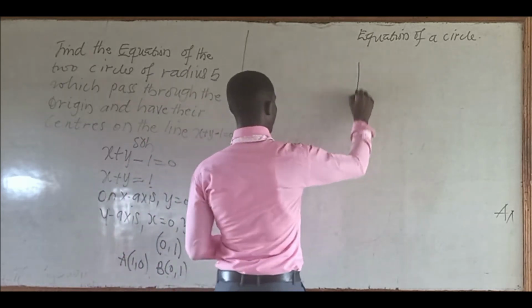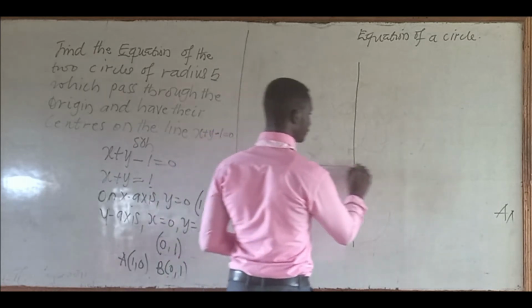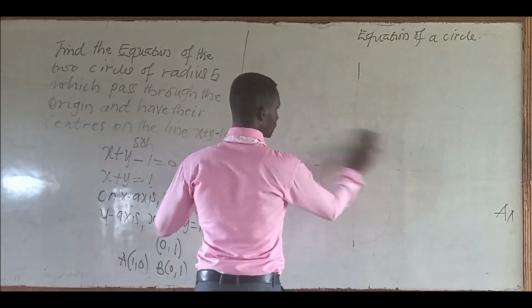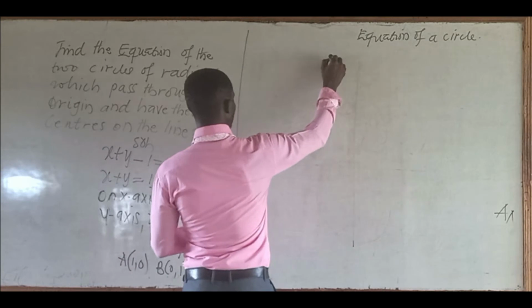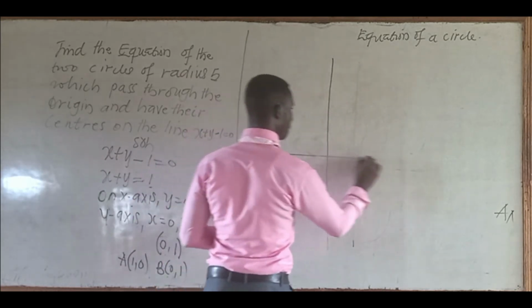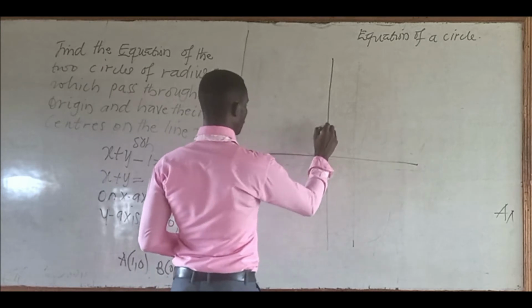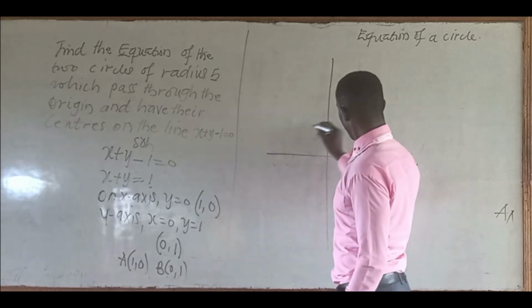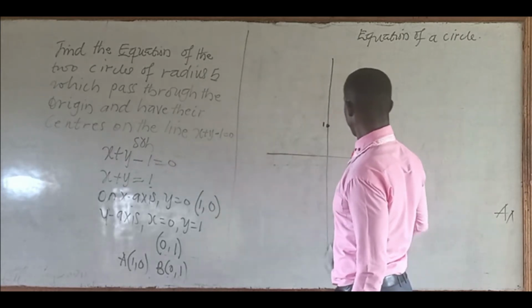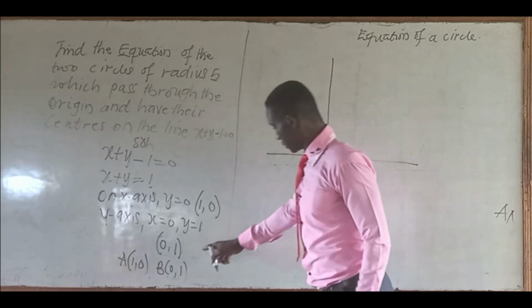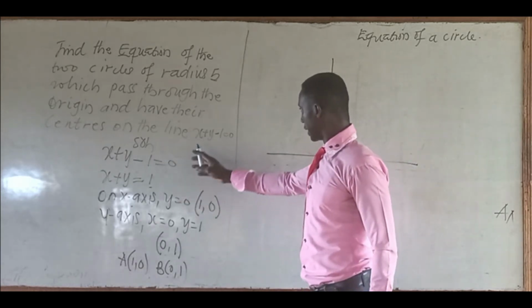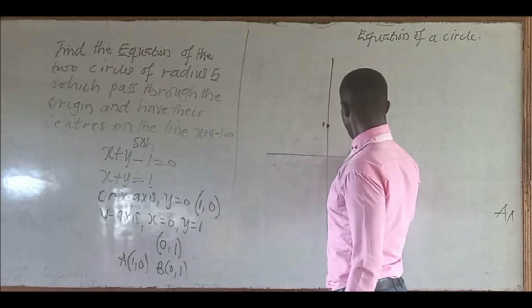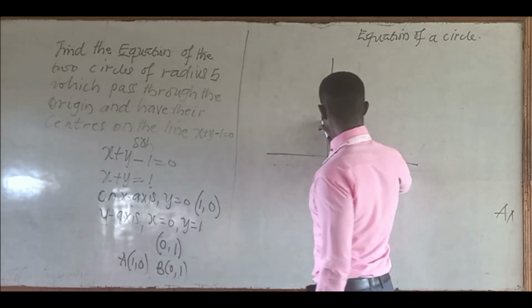So this is my y-axis, my x-axis. The point 0, 1 on the y-axis, positive 1, will be here.